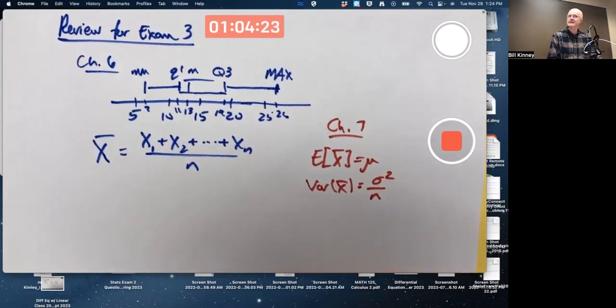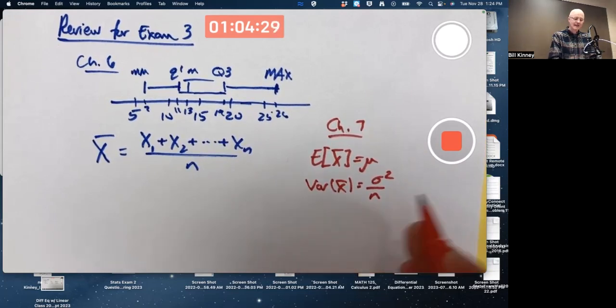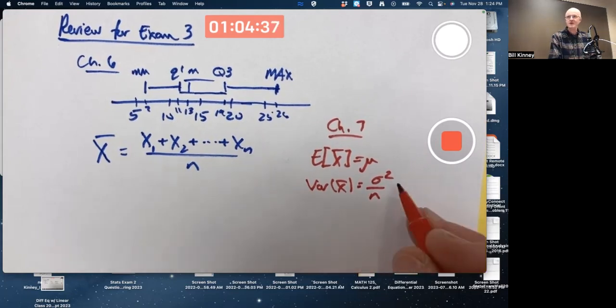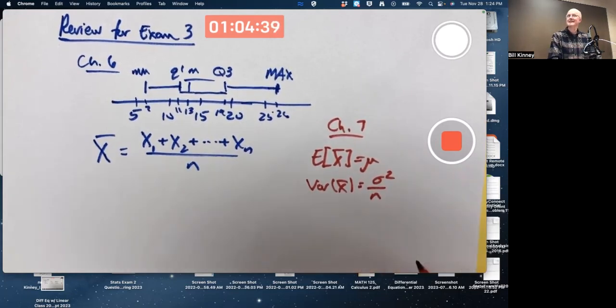Shouldn't say the variance of the variance. The variance of the mean is the variance divided by n. The theoretical variance of the sample mean, which is a statistic, is the population variance divided by the sample size. And it's a good thing we divide by the sample size, because that means when you have a bigger sample size, this gets smaller.